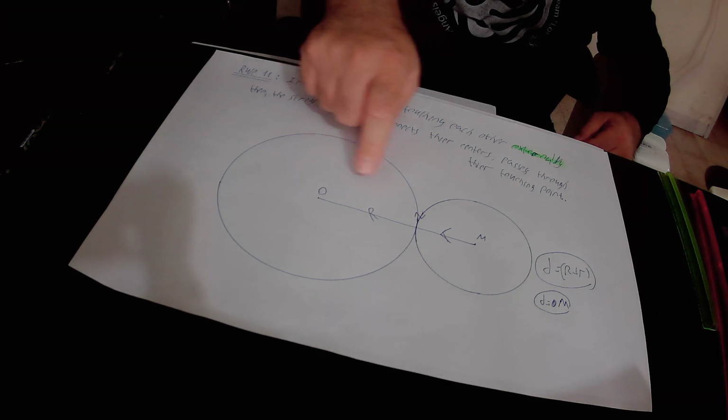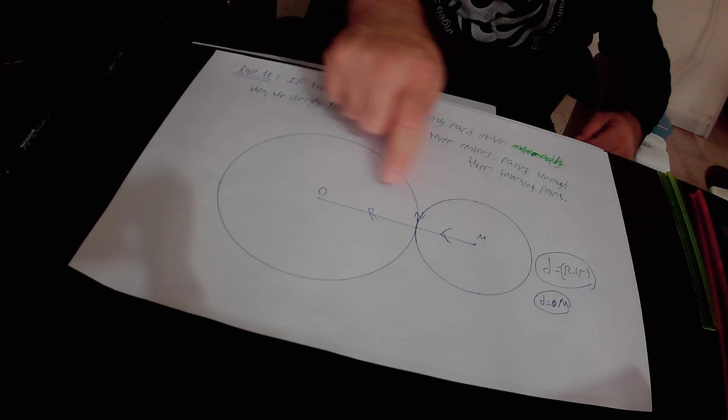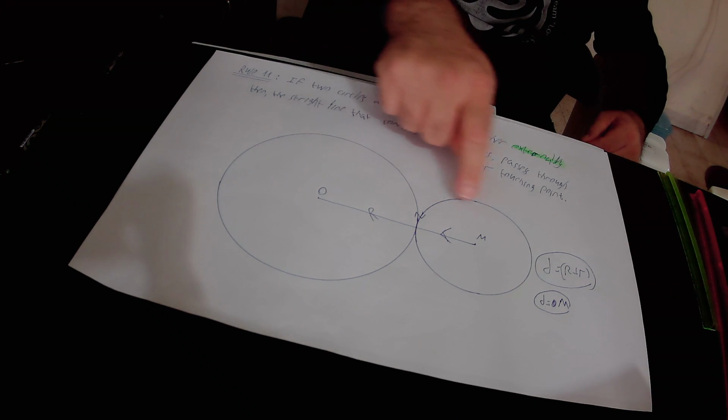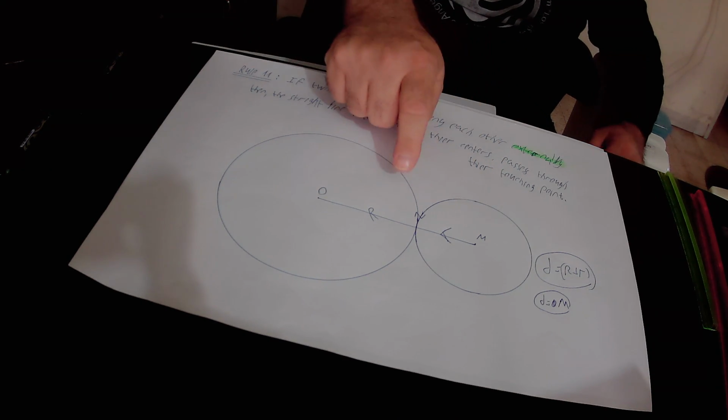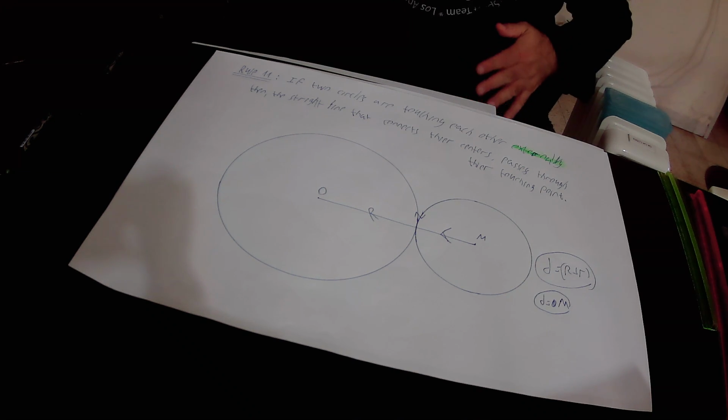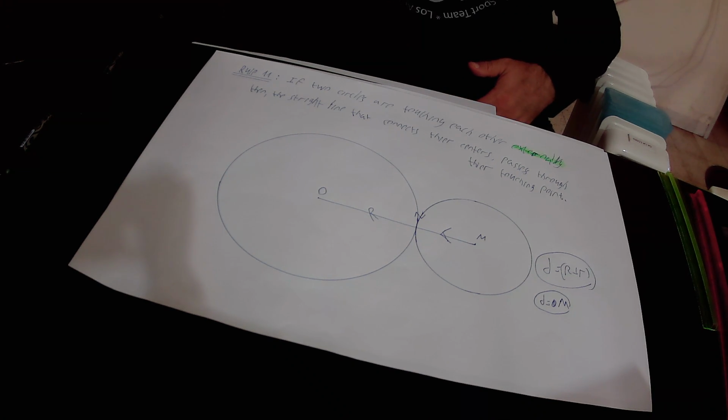That is to say, O, N and M is one straight line. Okay, and what is the distance between their centers?